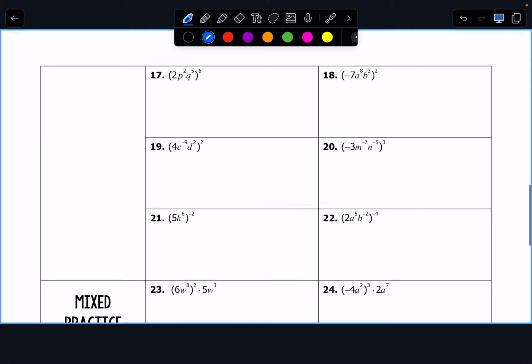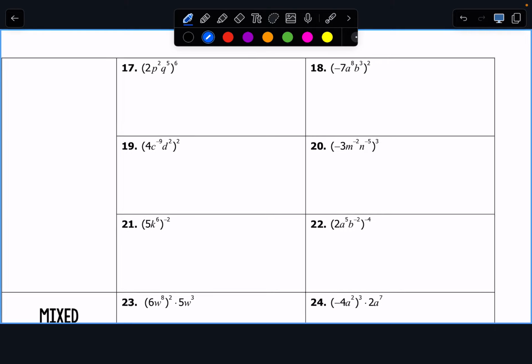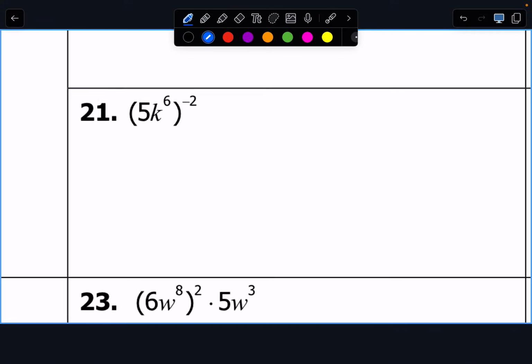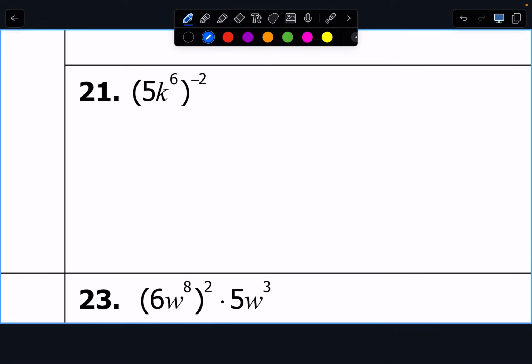Okay. Now, there's 2 more on the next page I want to look at. The first one I want to look at is number 21. We're going to kind of go in a weird order. So on the top of middle of the next page, I want you to find 21. Okay. What happens? This becomes 5 to the negative 2 and k to the negative 12.